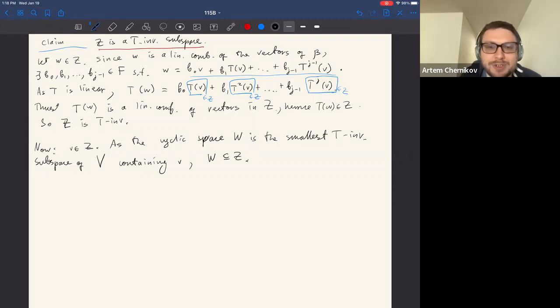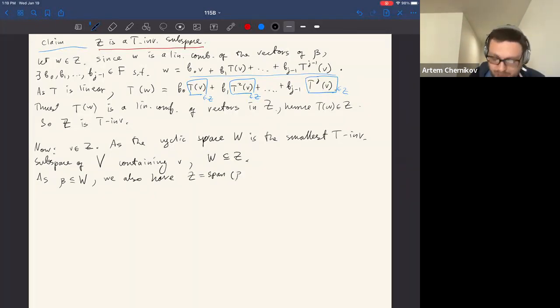Now we need to show the converse inclusion. So we also know that beta is contained in W, right? So we also have that Z, which remember by definition was the span of beta, is also contained in W, right? Because W is a subspace. So we conclude that Z is equal to W, okay?